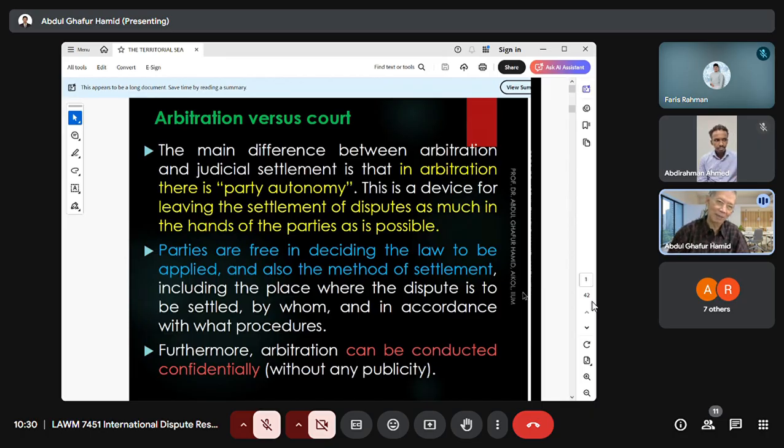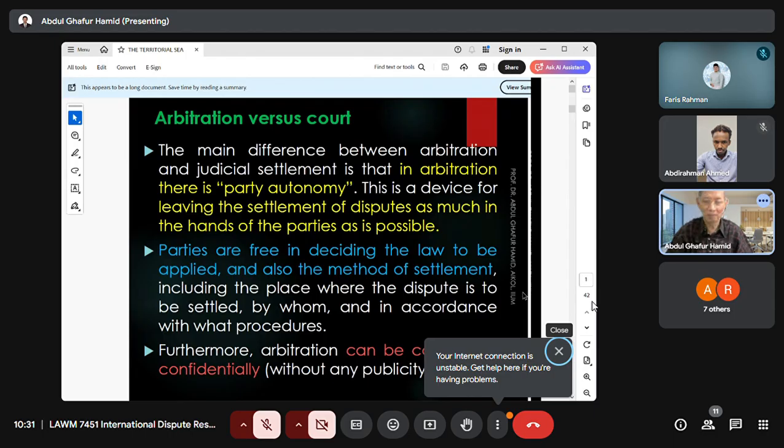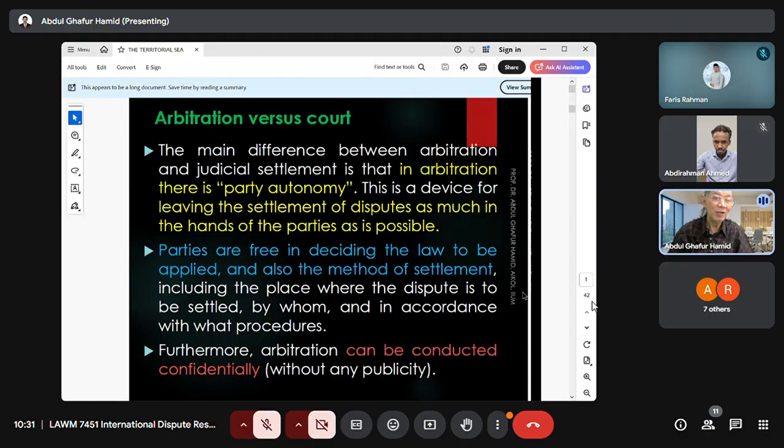Another important difference is the concept of speciality. In court, the judges may not be experts in a particular specific area of the dispute. For example, in the Malaysian Federal Court, a case involving a law of the sea dispute brought to the court, there may not be law of the sea experts among the judges.